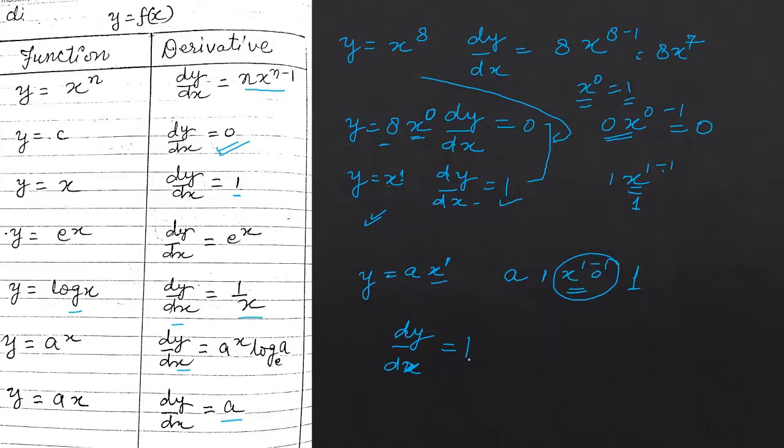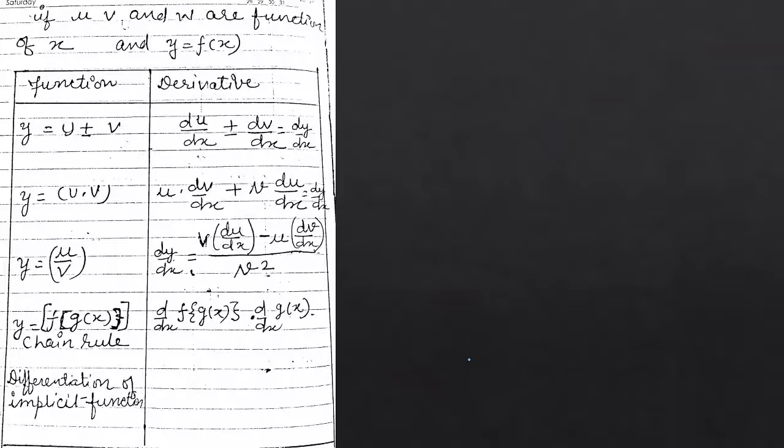Now let's move to another part. Suppose u, v, and w are functions of x, and y is a function of x. Let's start with the additive or subtractive rule, addition rule and subtraction rule.